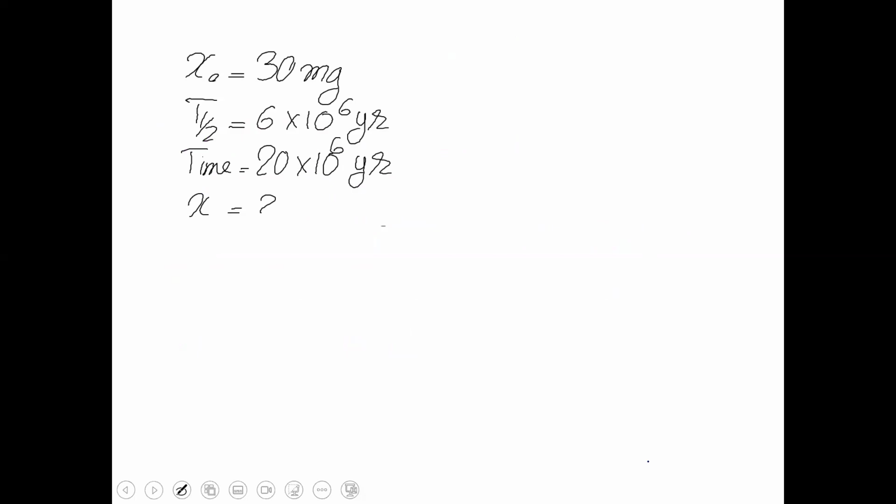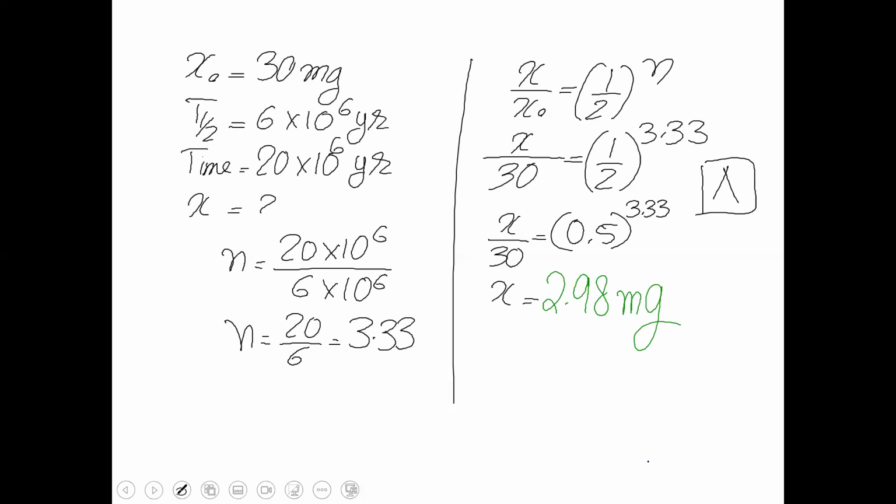So you have to find X. What you do is first find the number of half-lives, which is approximately 3.33. Then you put it in the formula and use the calculator function to solve to get the value of X after 20 million years. This is a possible working.